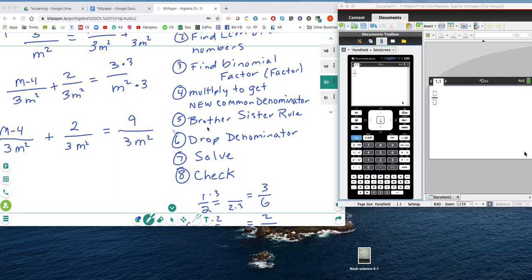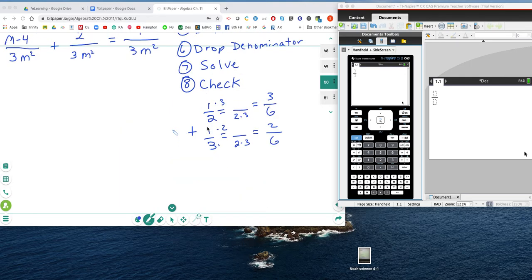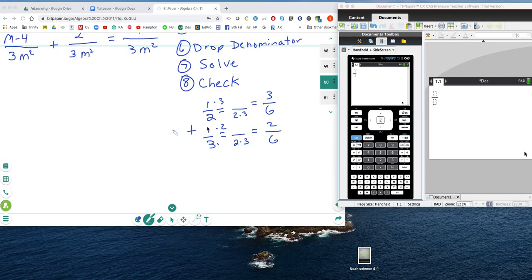Now, let's look at what we would do down here for a fraction. If I am going to do this addition problem, you'll notice that I don't do anything with the 6. The 6 just stays the same. I do the math operation with the 3 and the 2, which gives me 5.